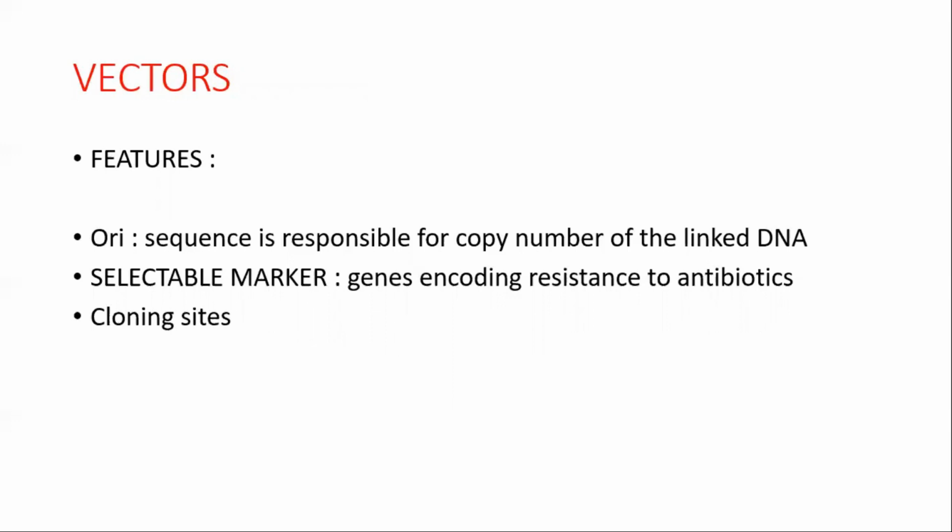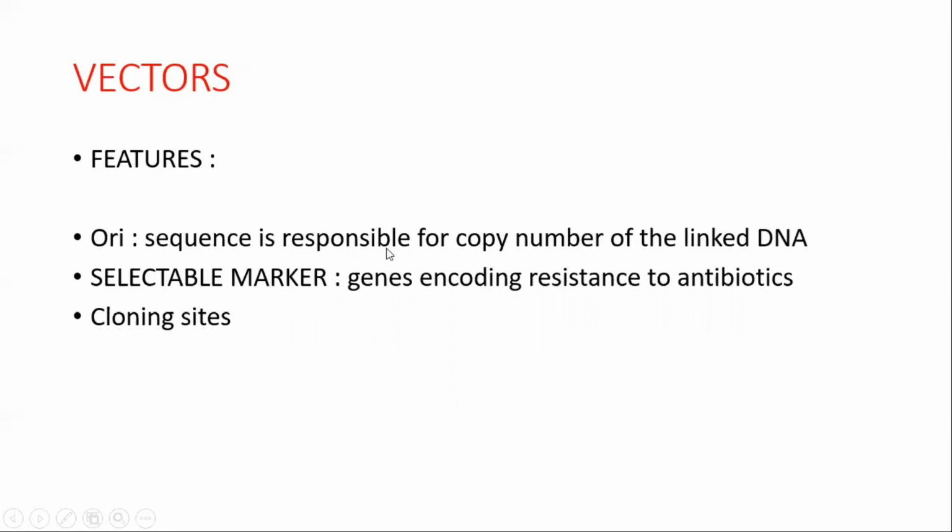Copy number means the amount of cells that you're going to get. So the origin of replication consists of the sequence from where replication of the desired gene is going to begin. At the same time, it is responsible for the copy number of the linked DNA. So the amount of cells you're going to get is nothing but your copy number.